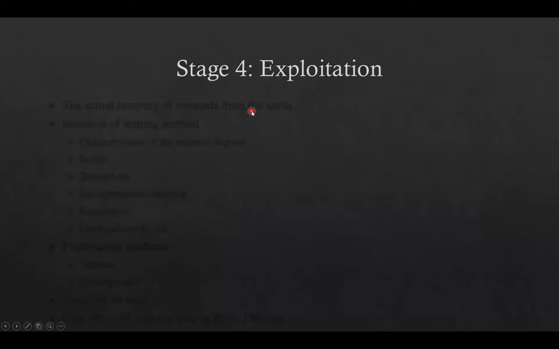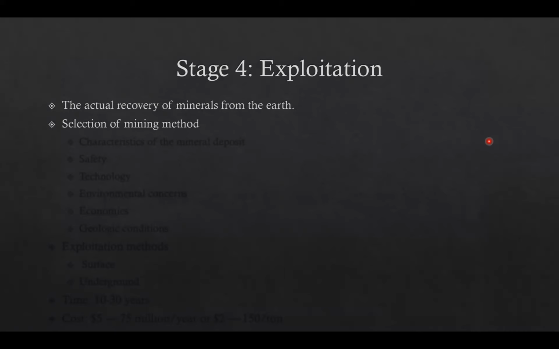The next stage is exploitation, which is the fourth stage of the mining, and it is associated with the actual recovery of the minerals from the deposit. Selection of the mining method is an important aspect in exploitation. It can make a feasible project unfeasible if we select the wrong mining method.